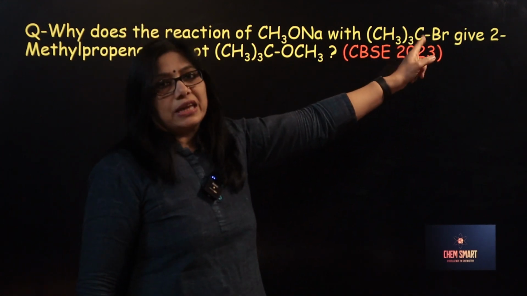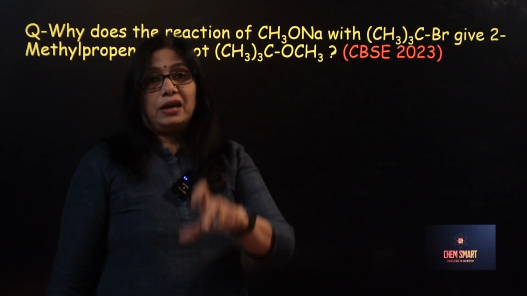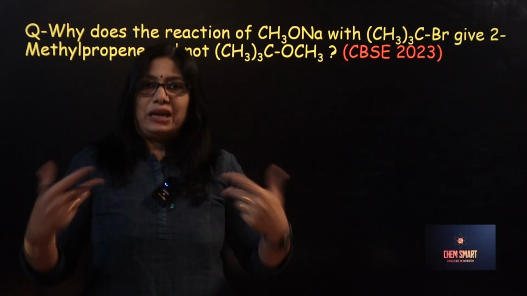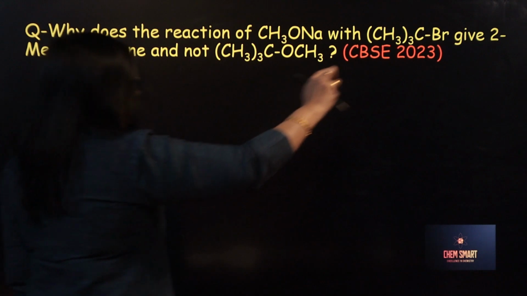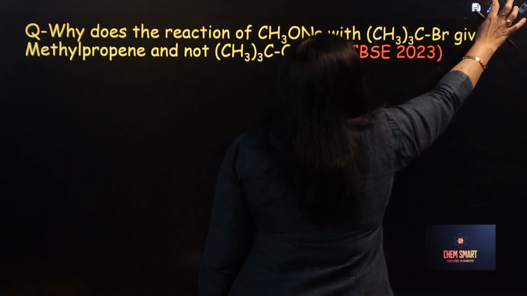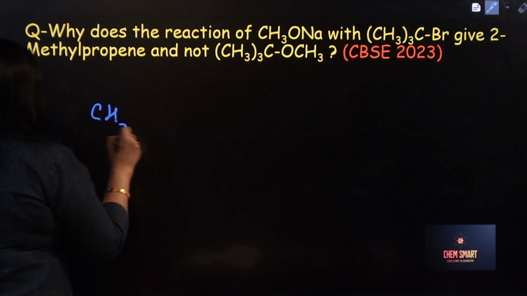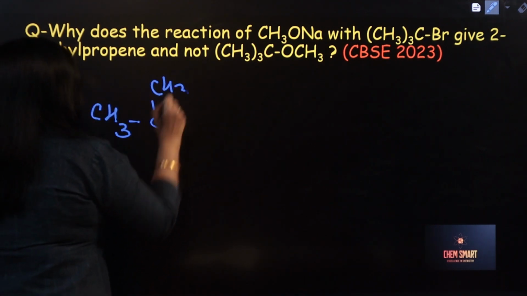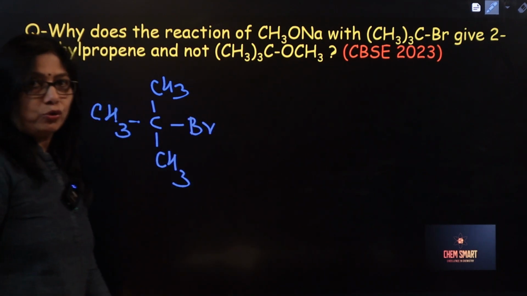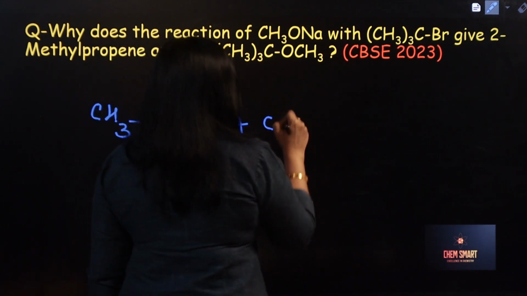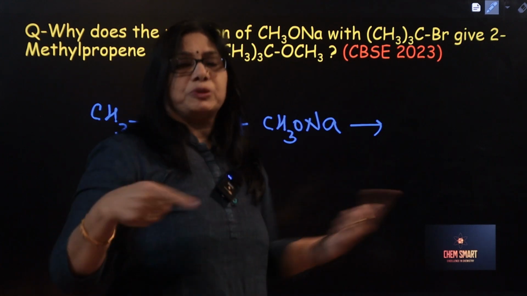So when the alkyl halide is tertiary, it will undergo elimination in comparison to substitution. So what happens here is, if you use a tertiary alkyl halide, that is tertiary butyl bromide, which is given in the question, or 2-bromo-2-methylpropane, when it reacts with sodium methoxide, it is actually not the substitution that is happening.